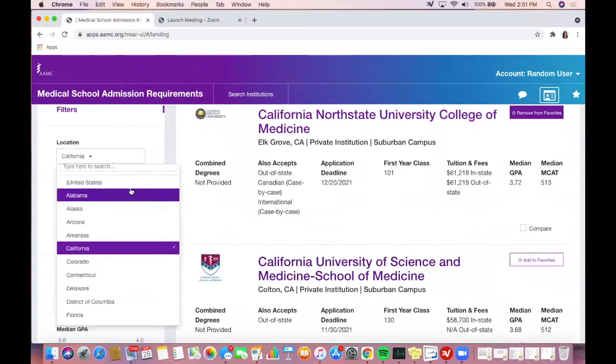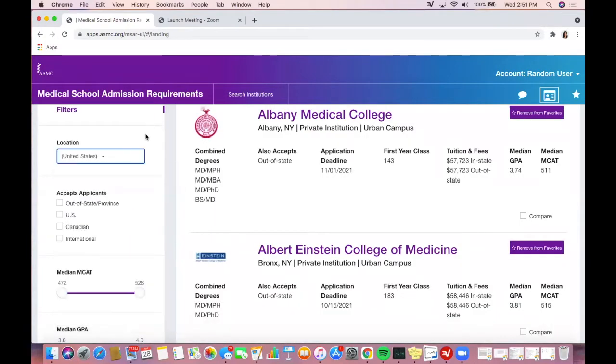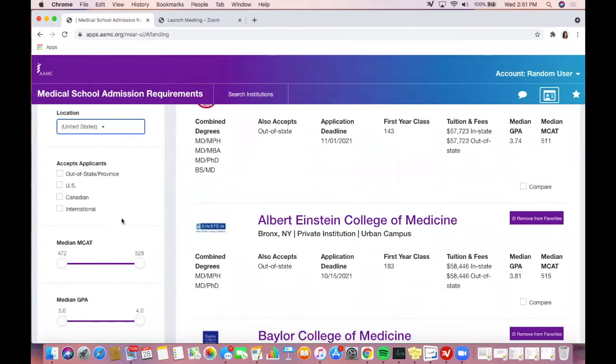Then you can also filter schools. Hold on. Let's go back here. You can also filter schools based on the type of applicants that the school accepts. These are our four major categories that we are concerned about: which schools accept out of state or out of province applicants, which schools accept US applicants, which schools accept Canadian applicants, and which schools accept international applicants.